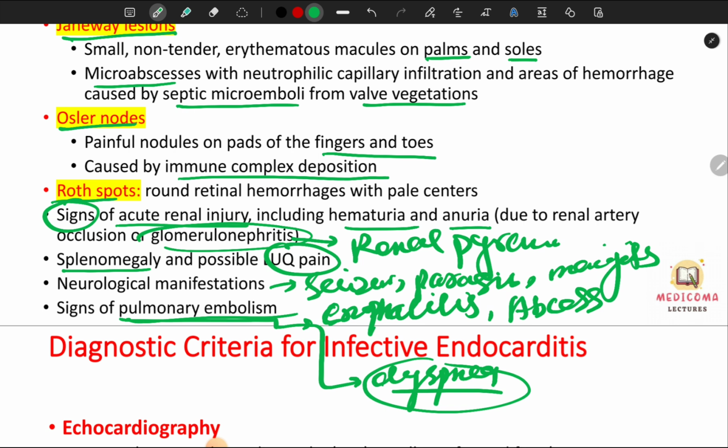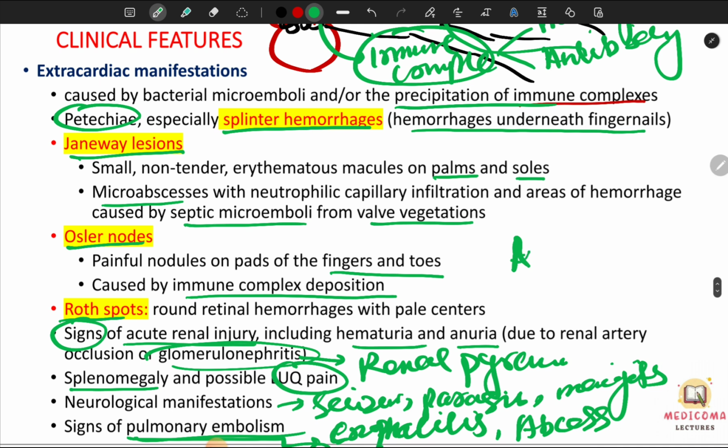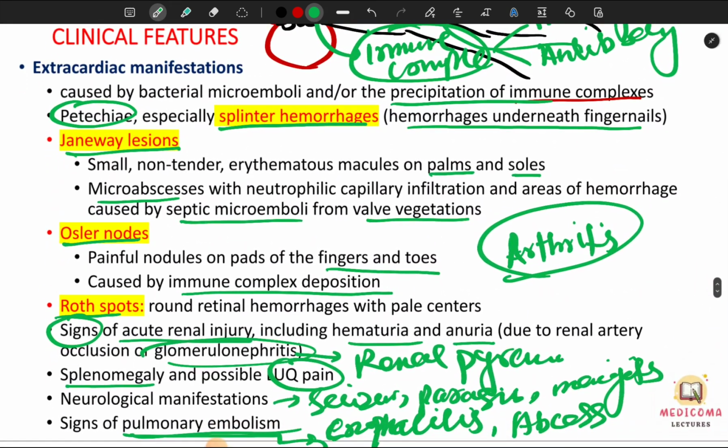And also maybe there is arthritis. If the septic emboli involve the joints, it can lead to arthritis. So these are the clinical features. We discussed constitutional symptoms, cardiac manifestations, and the extracardiac manifestations.